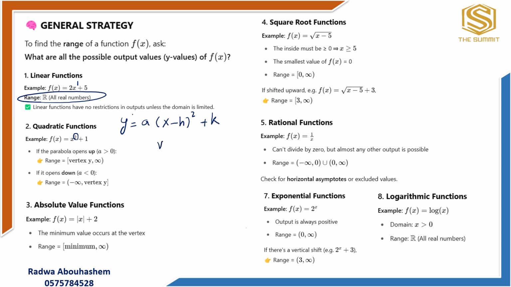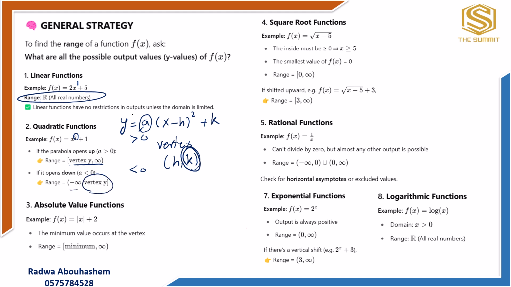So originally you're dealing with the vertex, which is h and k. Whenever you take the range, if the parabola opens up, this means that a is greater than 0, so you're starting from k to infinity. And if your parabola opens down, which means that a is smaller than 0, you're going from negative infinity to the vertex.